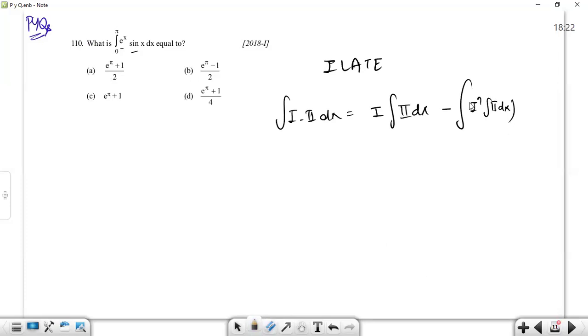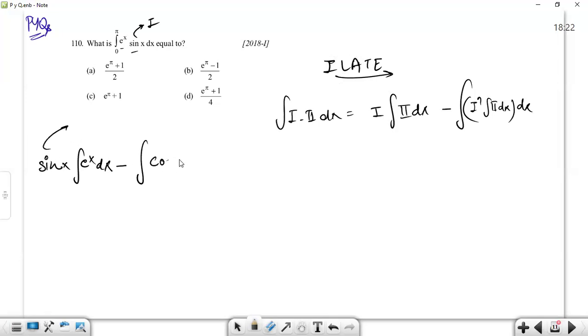To choose the first function, I will use ILATE. Here there is no inverse trigonometric function, no logarithm, no algebraic. There is trigonometric, so this becomes our first function. So first function into integration of second, minus integration of differentiation of sine of x.